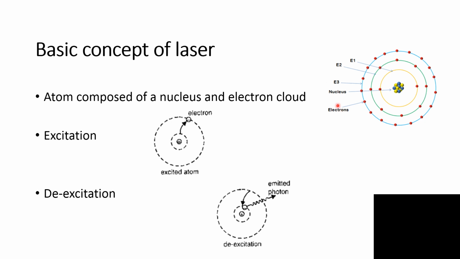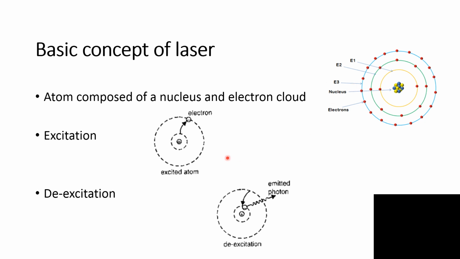So this is the sign for electron and this is the sign for the nucleus. And the electrons in the atom are distributed in different levels, and we can give them names: energy levels E1, E2, or E3. So they are distributed in different energy levels.